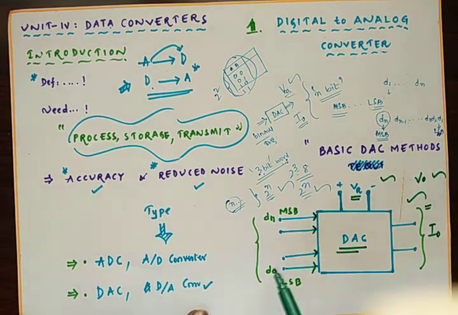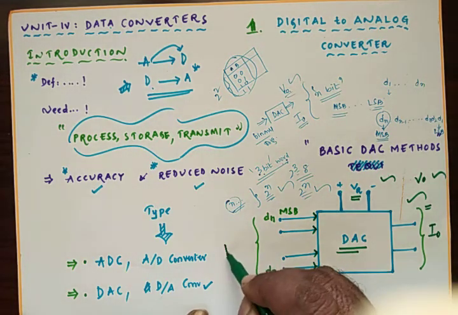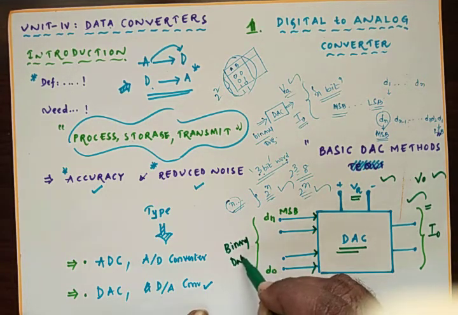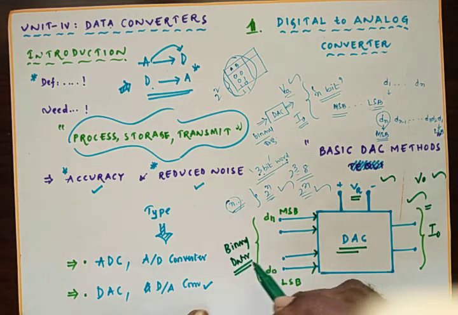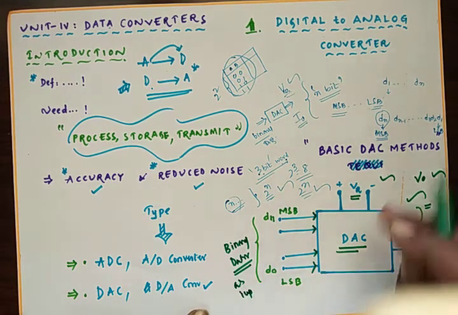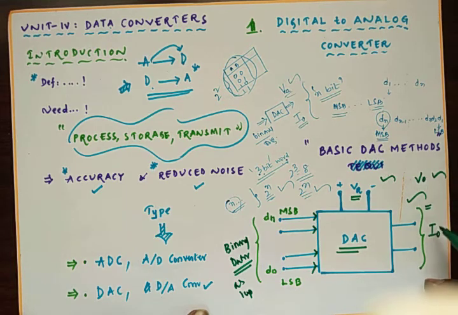So here, this is a binary word, or binary data, as input. Now we will get voltage or current as output. This is the block diagram of any digital to analog converter.